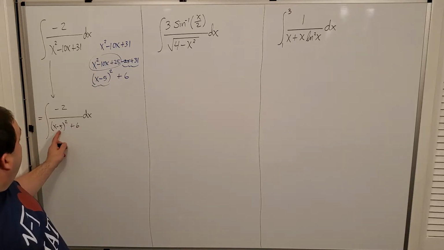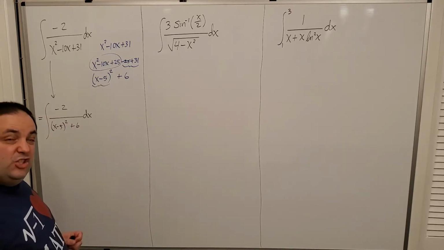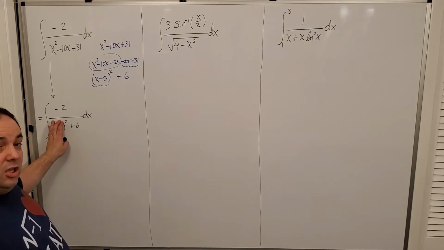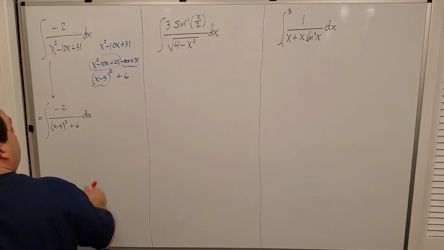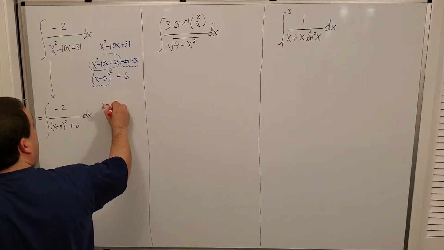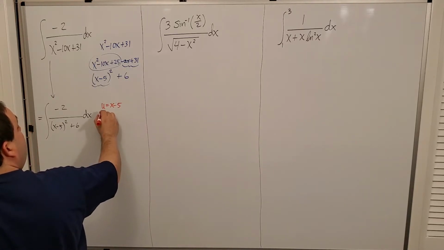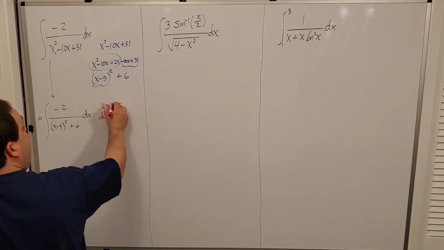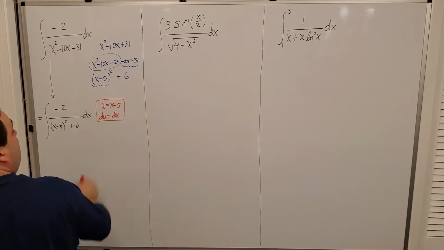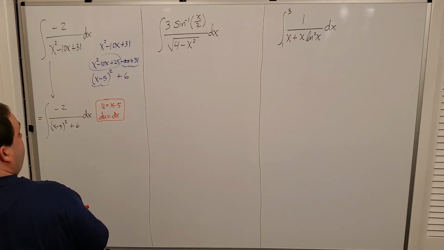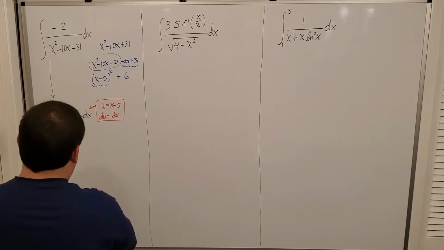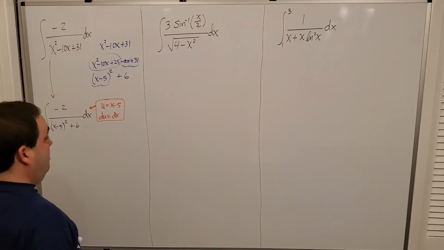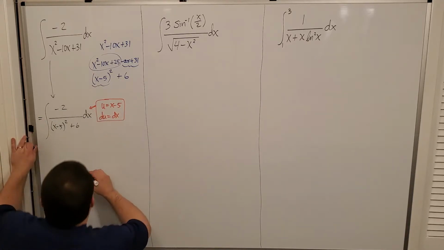And the x minus 5 is something that I can substitute to make it a single object, to make it look like my inverse trig function. So that's what I'm going to do. I'm going to let u equal x minus 5. That would cause du to equal dx, because the derivative of x is 1. Okay, so I'm going to do that substitution here.